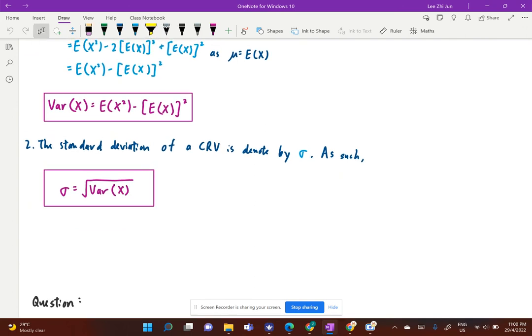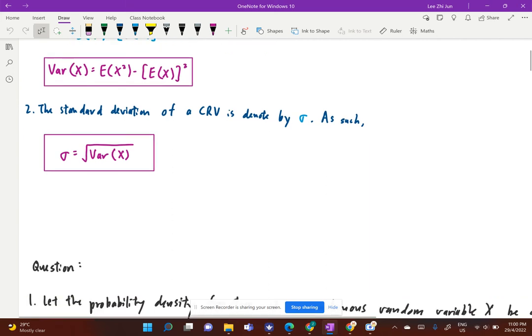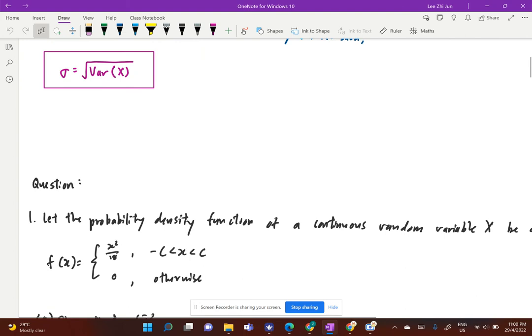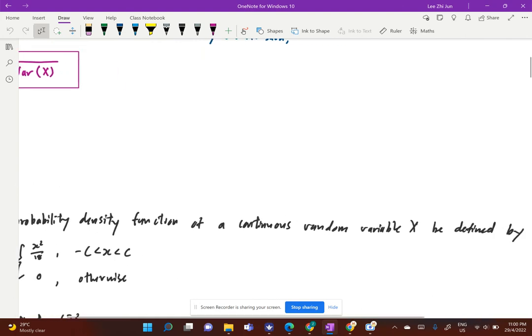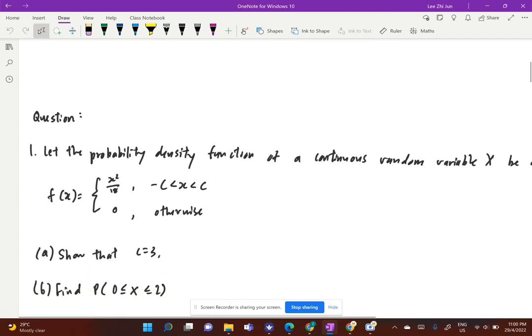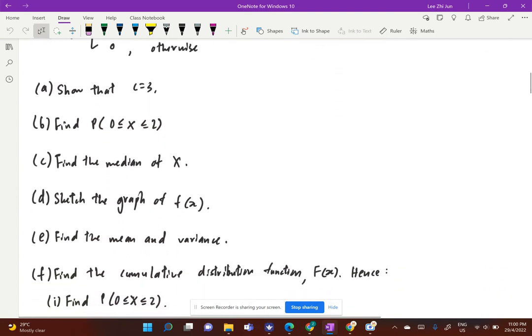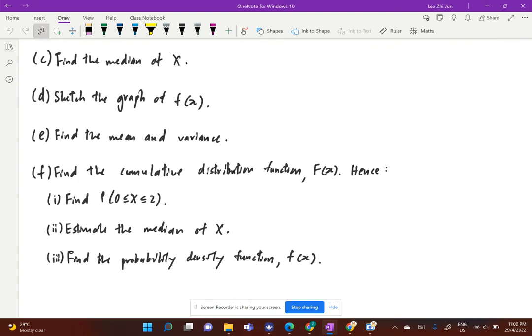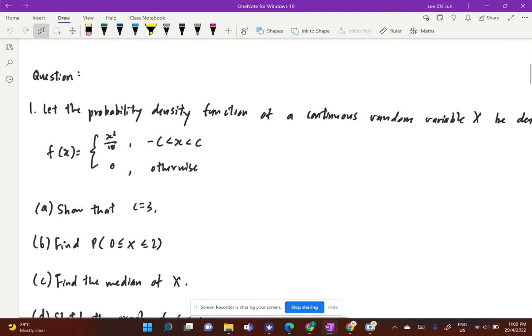I also prepared a big question which includes all the things we learned. Let the probability density function of a continuous random variable X be defined as this. You need to show many things. In total this question is allocated 30 marks.